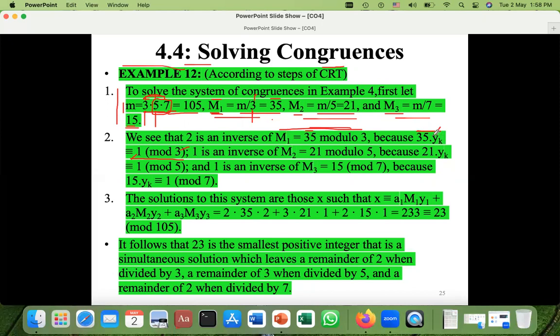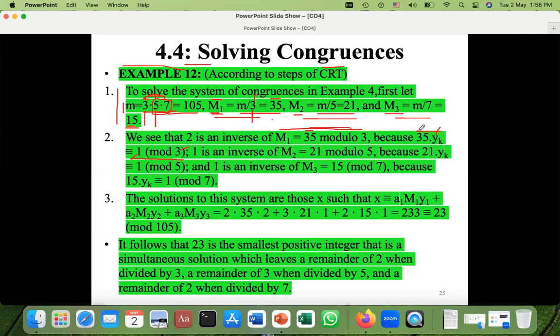For example, if you give yk a 0, then you don't have anything for the division with 3. But if you have 1, then 35.1 is 35, and when you divide it by 3, what do you get? 11 multiplied by 3 is 33.